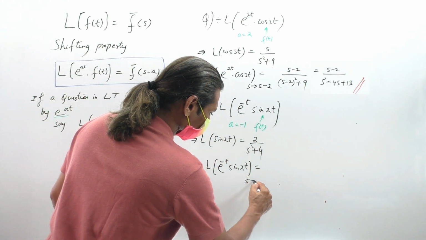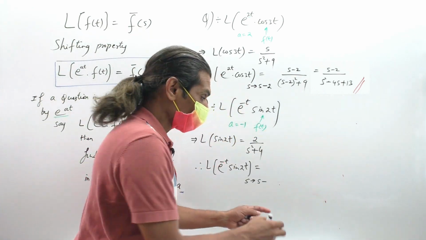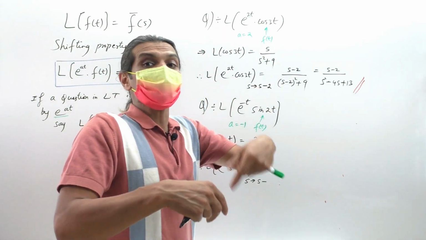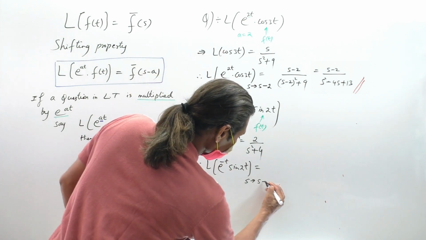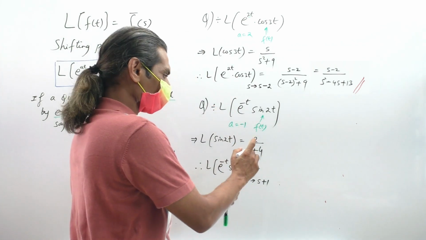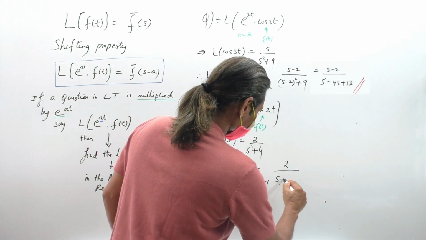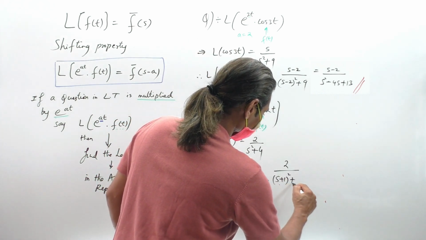Replace s by s minus a. What is a? a is minus 1. s minus a, minus of minus 1, that will be plus 1. Understand it carefully. So replace it here. We get 2 by s plus 1 the whole square plus 4.